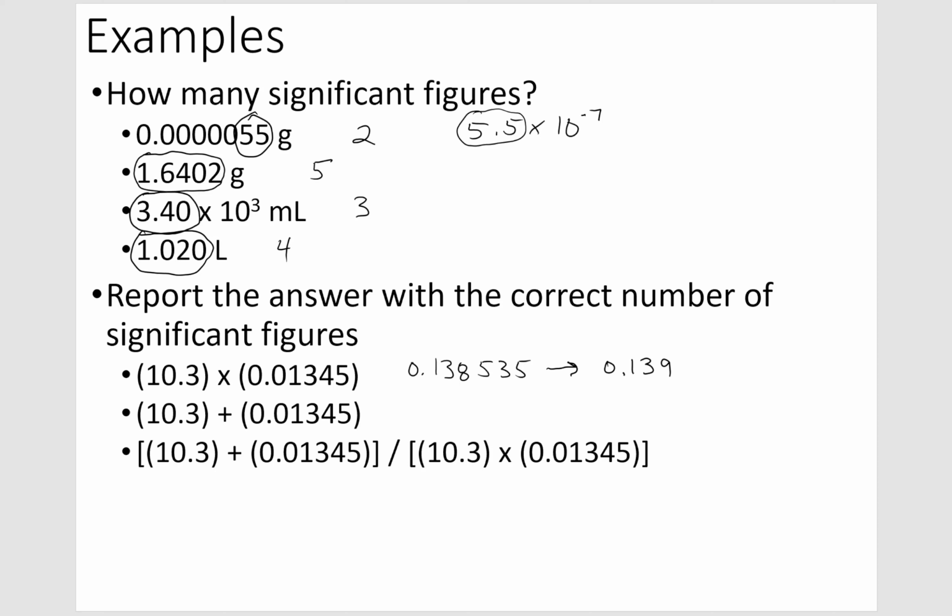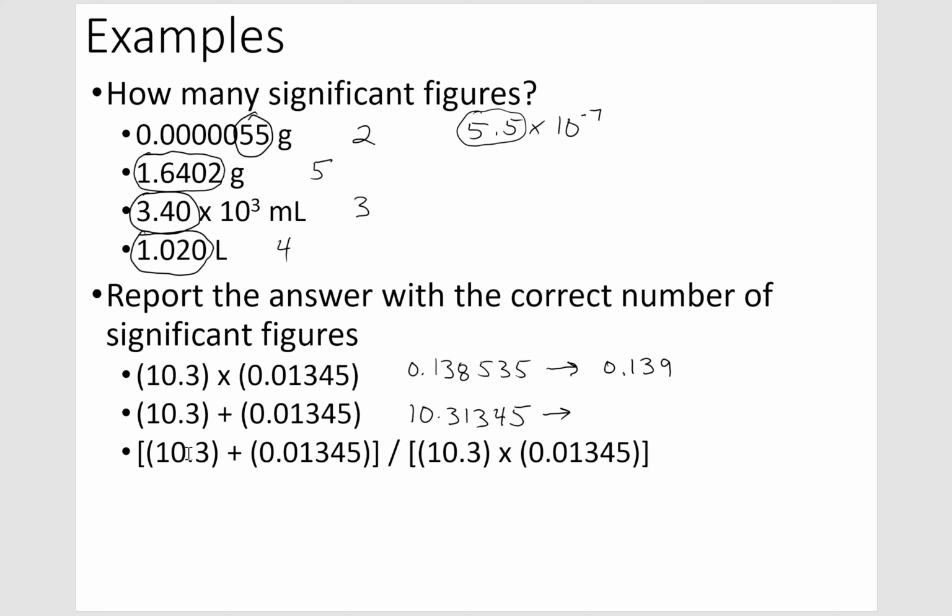If I add these two together, 10.3 plus 0.01345, I get the answer 10.31345. Now, when I add, I can only go to the least precise value.